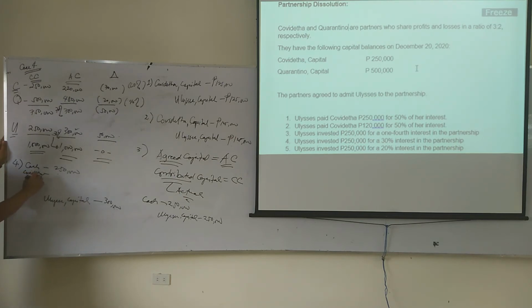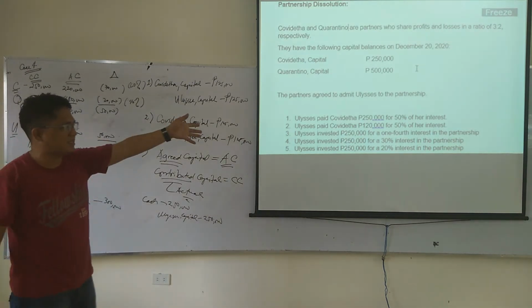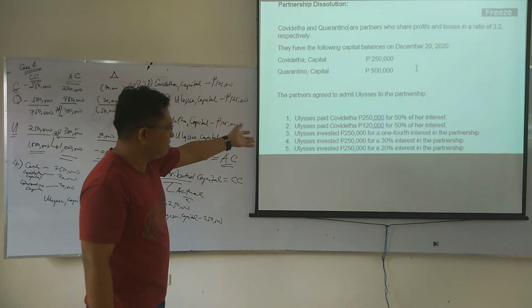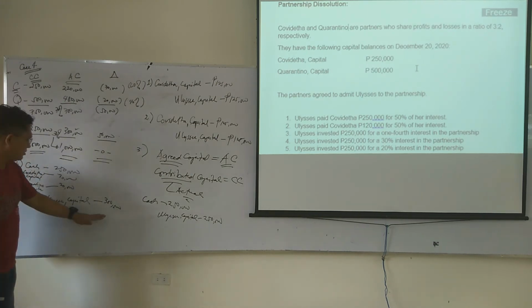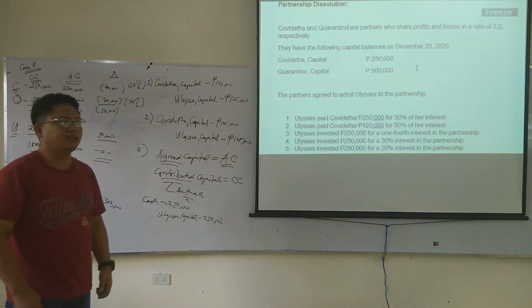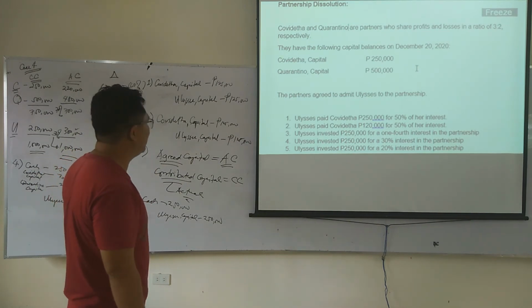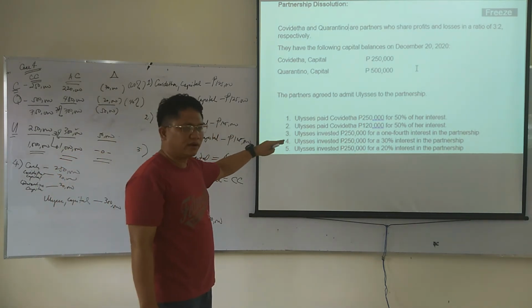Covidita capital will be debited for 30,000, and Quarantino capital will be debited for 20,000. So our final entry is debit 250,000 for the cash received from Ulysses, and debit the capital accounts for the bonus given to Ulysses to come up with the 300,000. And that's our answer for case 4.